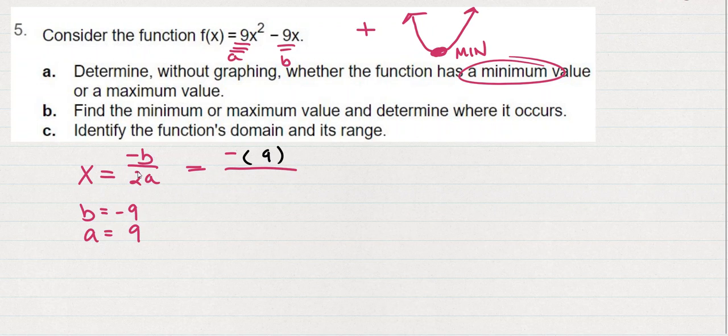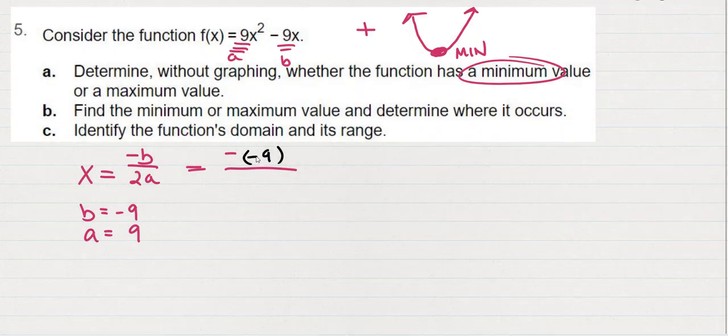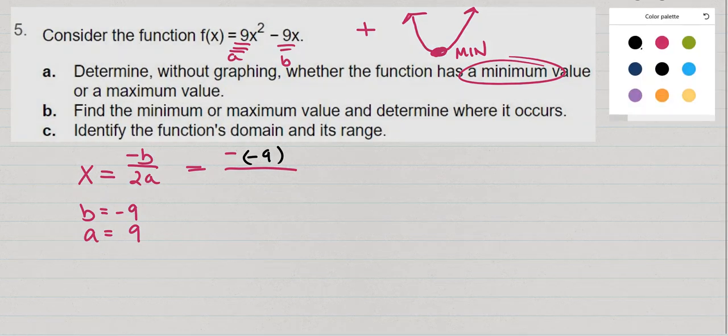The opposite of b, so b is -9, so the opposite of -9, see where I'm filling those in, all over 2a.